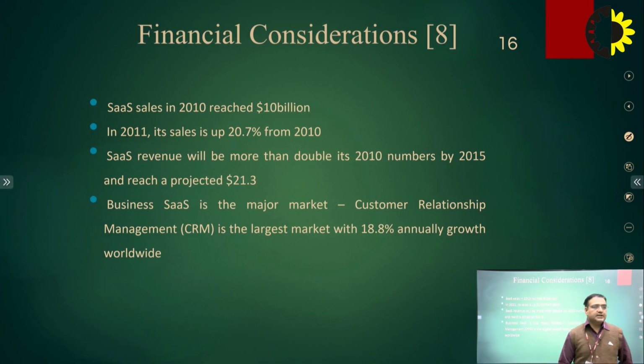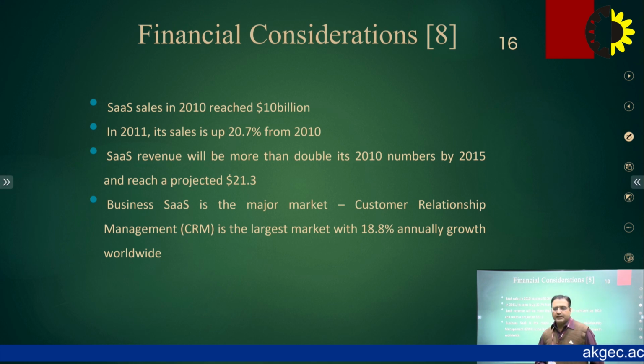Financial consideration: SaaS sales in 2010 reached $10 billion. In 2011, sales grew 20.7% from 2010. This means that time to time, the business of cloud based service providers is growing.